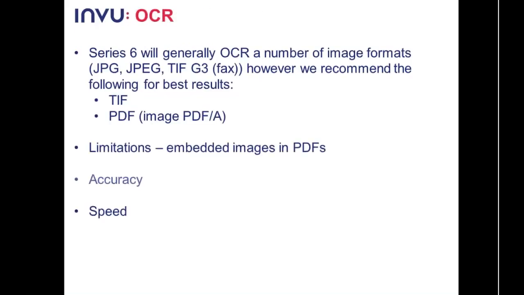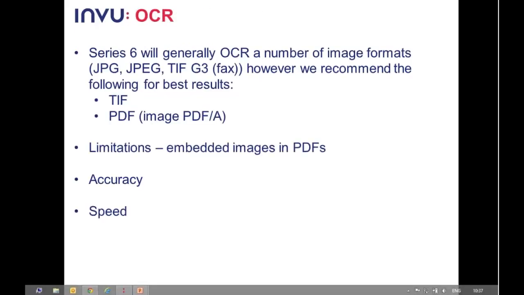Oh, just had a question about OCR. OCR is optical character recognition. That is a term given to the underlying process when a document has gone into Invu. The OCR engine, the optical character recognition engine, looks at the document and tries to recognize the text on the page.